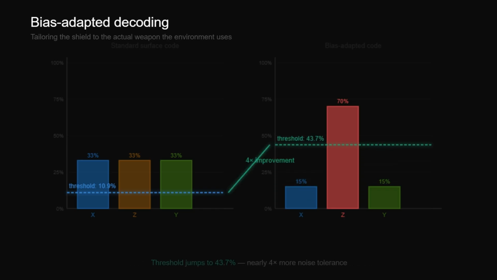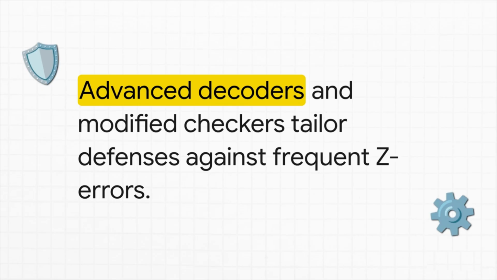Basically, Z errors, or dephasing, happen way more frequently than X or Y errors. So instead of using a standard decoder that treats every error exactly the same, researchers are turning to advanced maximum likelihood, or ML, decoders. They're even slightly modifying the checkerboard itself, measuring products of Y instead of Z to specifically target this biased noise. It's like tailoring the shield to defend against the exact weapon the environment is using.